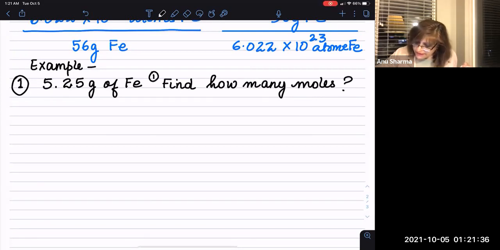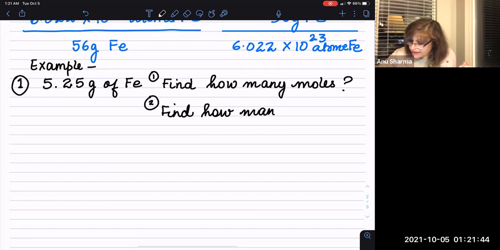The second question is: find how many atoms of iron are in 5.25 grams of iron.